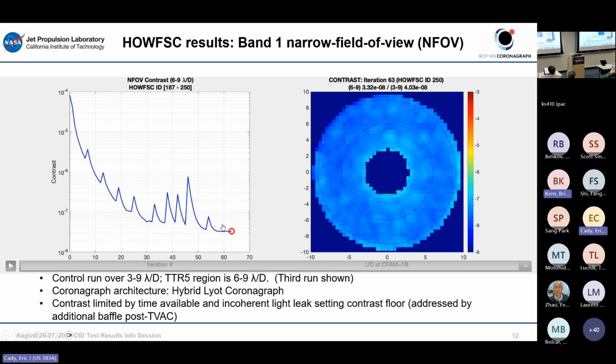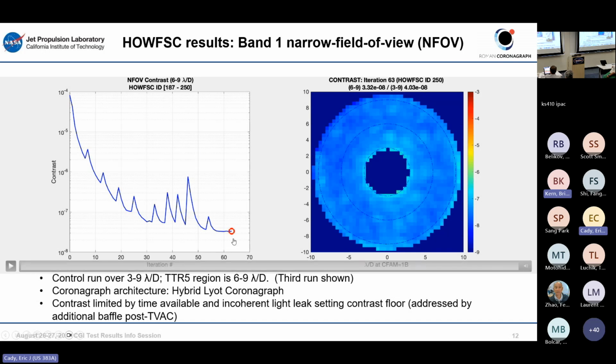The other part, I'm not sure how much has been discussed previously, is that there was an incoherent light leak that was creating some stray light. Post TVAC, we ended up fixing this with a baffle, but it does pose a little bit of an incoherent floor on this one.